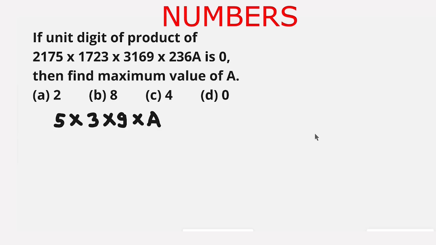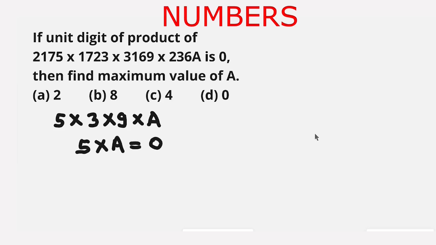We know that whenever 5 is multiplied by any number, the ones place digit comes out to be 5. 5 times 3 is 15, the ones place is 5, and 5 times 9 is 45, which has ones place digit 5, and 5 multiplied by a is equal to 0.